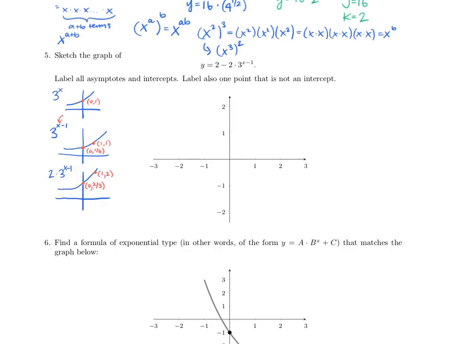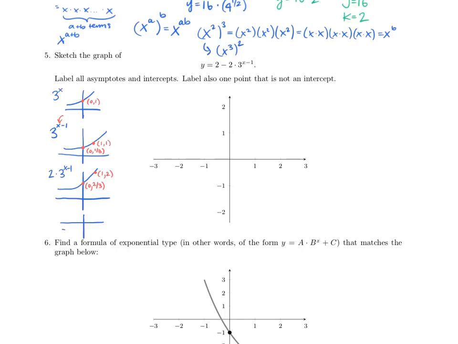Now, of course, I'm not just multiplying by positive 2. I happen to be multiplying by negative 2. Right? That's what I'm looking at up here. What happens when I multiply this whole thing by negative 1 so that I have negative 2 times 3 to the x minus 1th power? Well, changing the sign of the function value is what it's going to do, which means it's going to flip it over the x-axis.